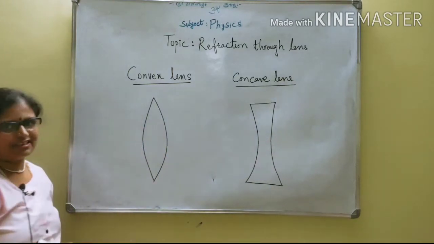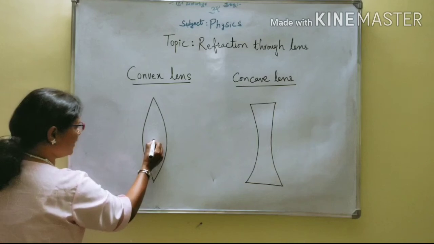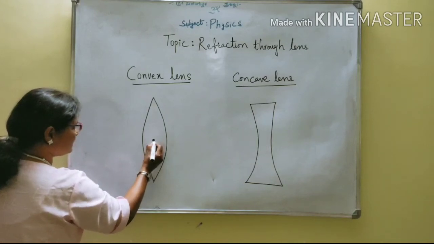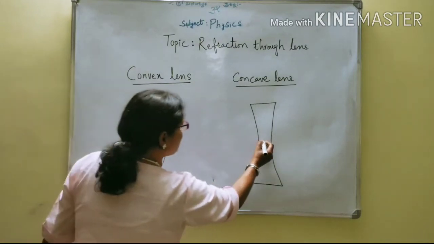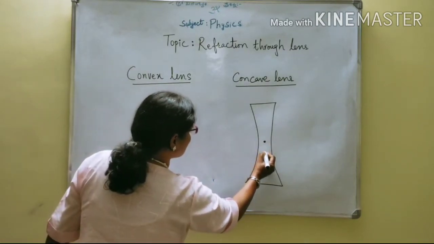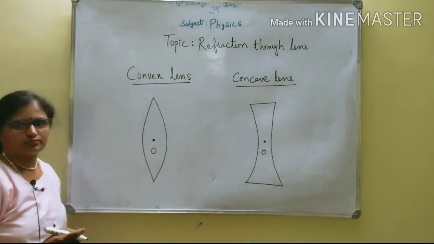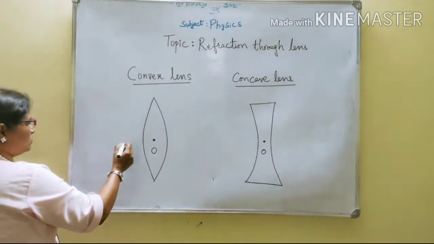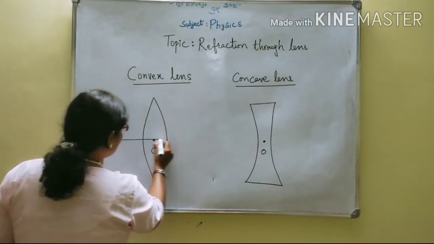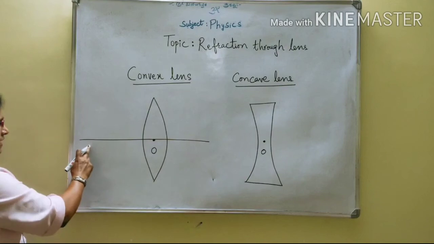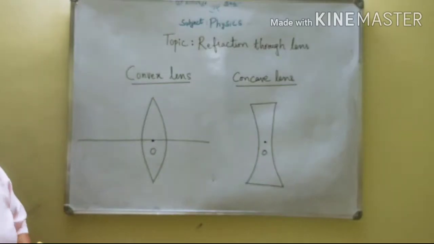And here we can mark the center point of the lens, that is nothing but the optical center. The center point on the lens is called the optical center and it is represented by the letter O. The line which passes through the optic center is known as the principal axis.